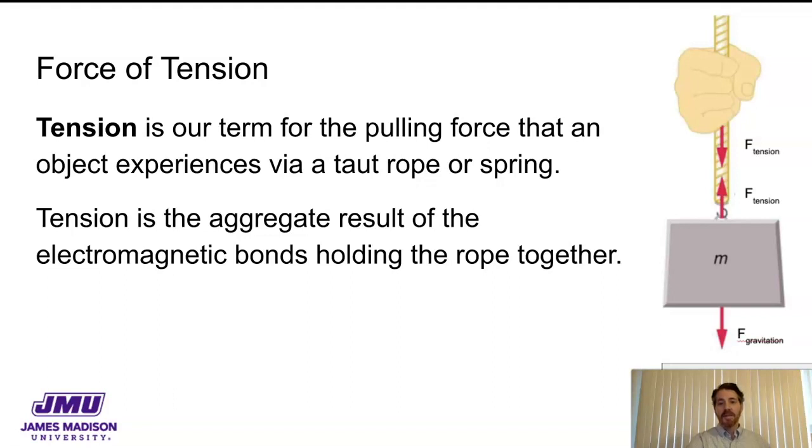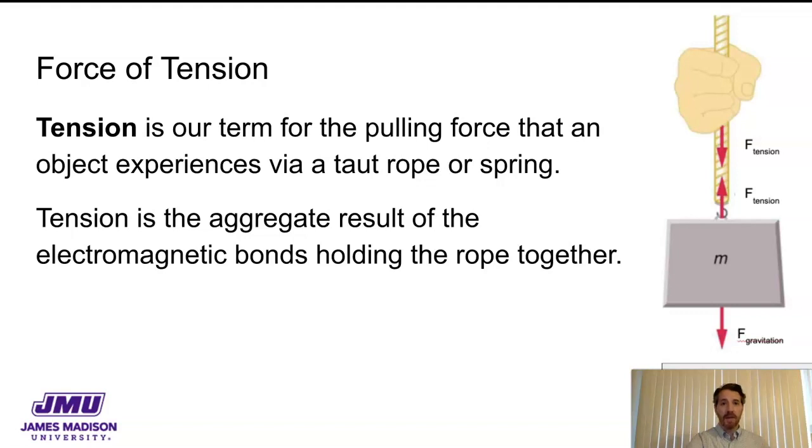I want to mention tension because it is equal throughout a rope or string or cable or whatever. So like you see here on the right, there's a force of tension pulling down on the hand and a force of tension pulling up on the mass. If your hand is holding this rope and this rope is holding this mass and you're just holding it there, you'll feel a downward tug. You'll feel how heavy it is, how we usually think of it.